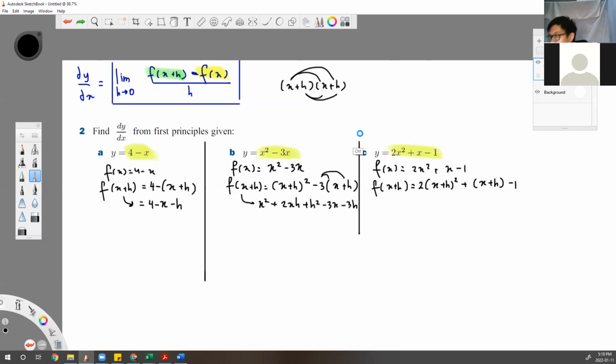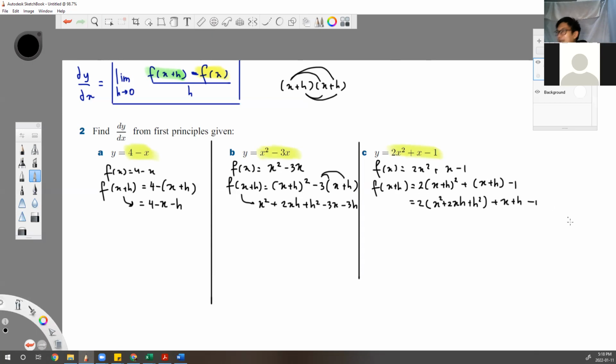Oh, I have to make the separator. Now, how about this? Again, 2x plus h squared. So just copy from part B: x squared plus 2xh plus h squared, right? Plus, you don't have to put the bracket because it's plus, so subtract 1.